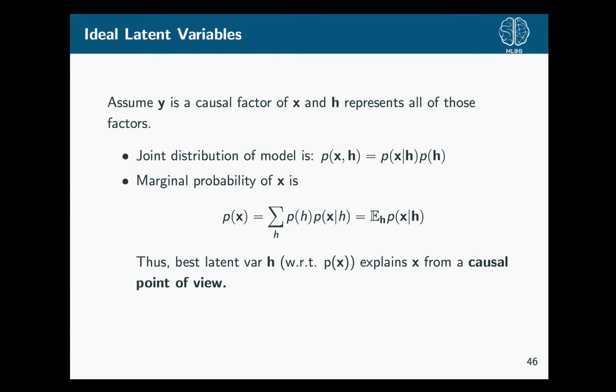And now ideally, this is what your distribution should look like. The marginal probability of X will end up just being an expectation over your different latent space variables.